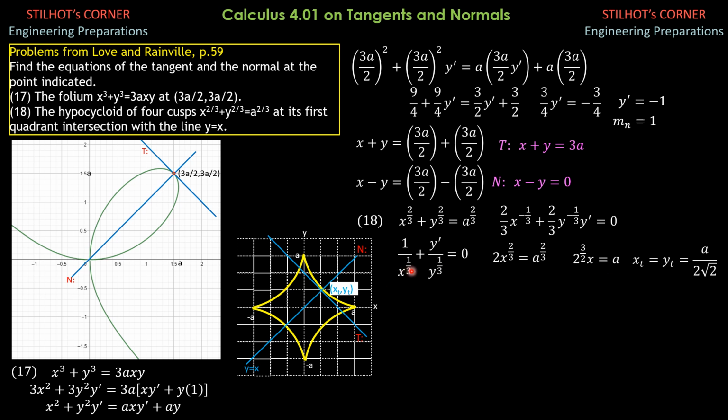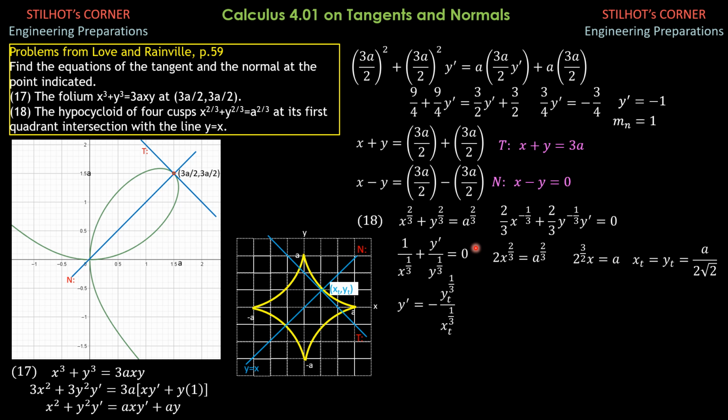Substituting, we know that x and y at the point of tangency are equal. So y prime equals negative of y to the 1/3 divided by x to the 1/3, by transposing this to the right.